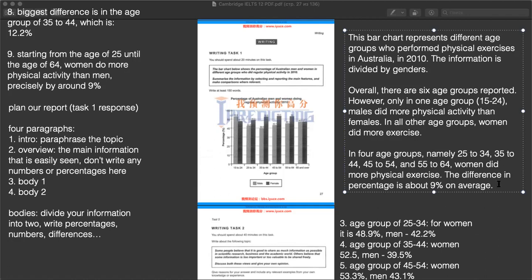Now we can actually say which age group had the biggest percentage. However, the age group of, which one?